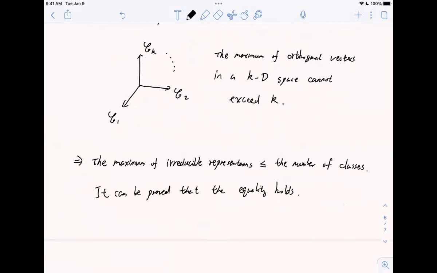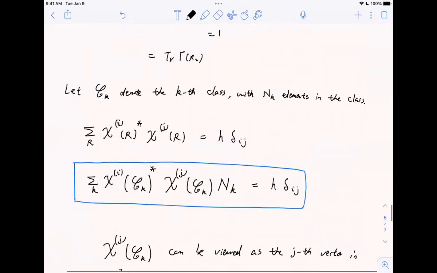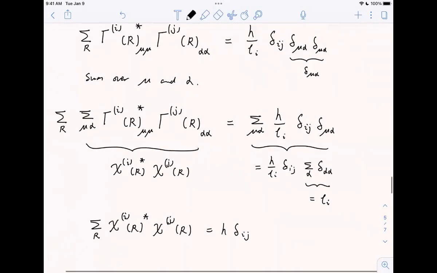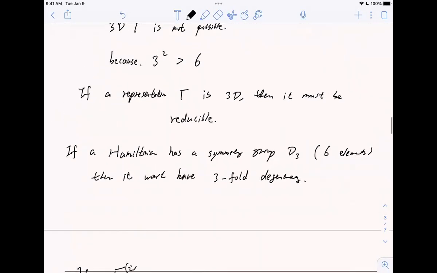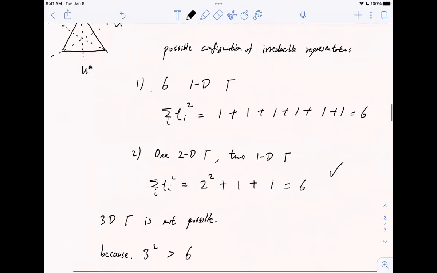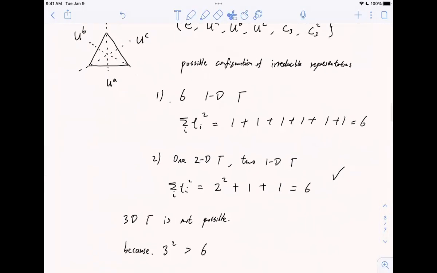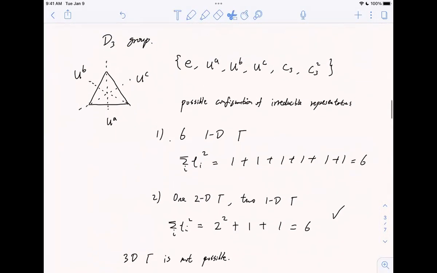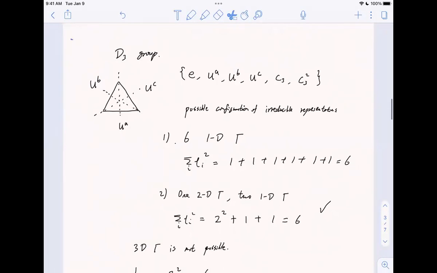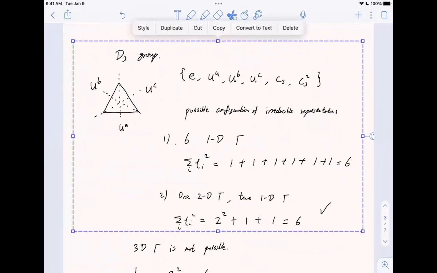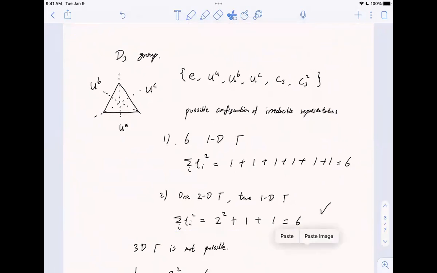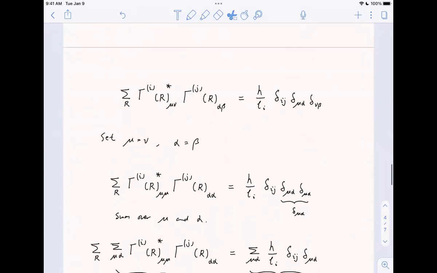So the maximum number of irreducible representations is the same as the number of classes. If we go back to this relationship, to this example, you know that there's only one possibility.